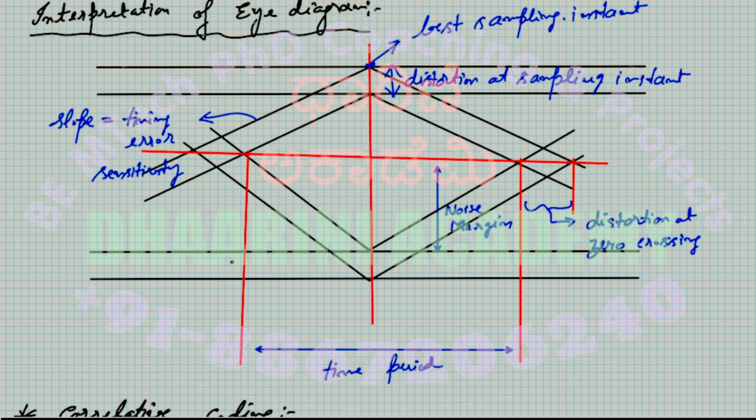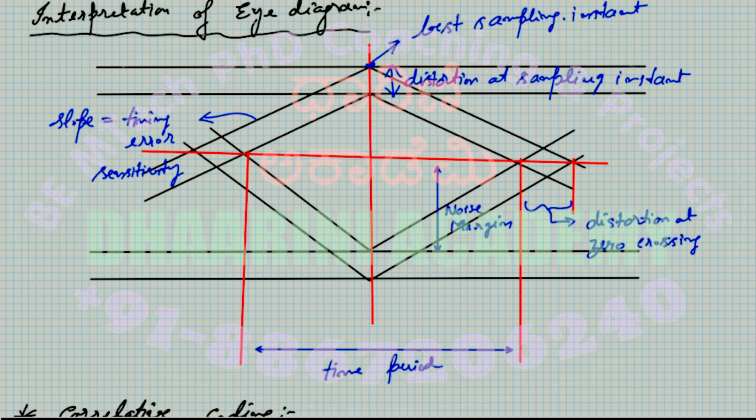This diagram shows that the outermost side is the maximum size of the eye, and let us assume that the innermost shape you see here is the minimum size of the eye. Okay, if your eye diagram vertically varies between these two points, then there is a distortion at the sampling period, right? Because this is my total time period.